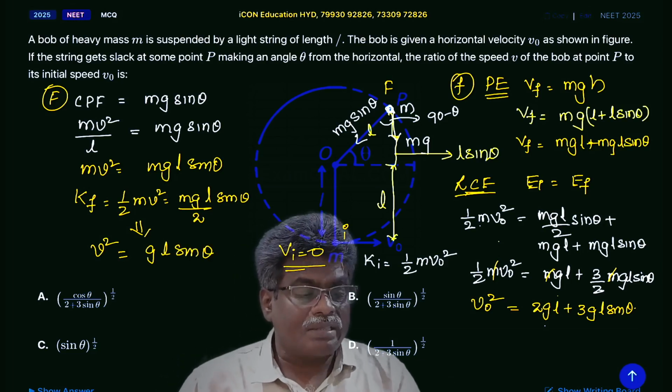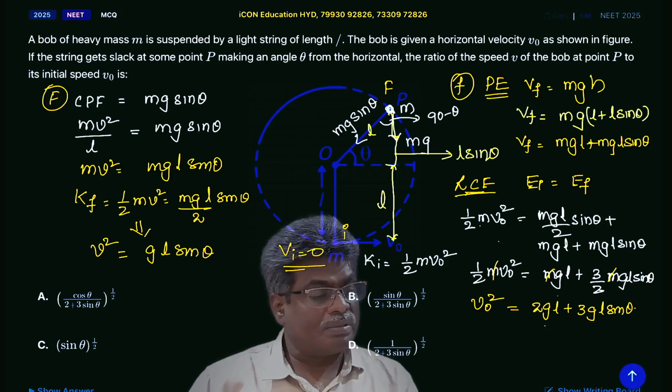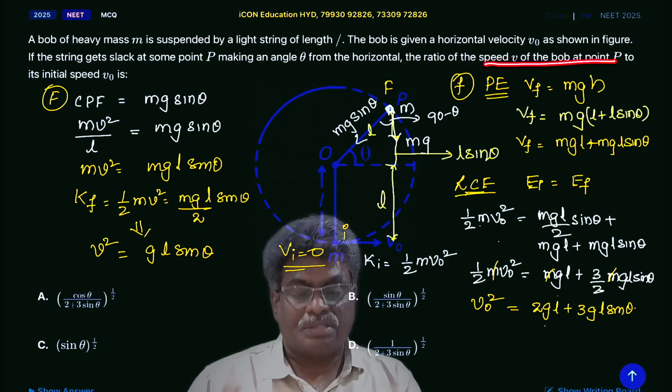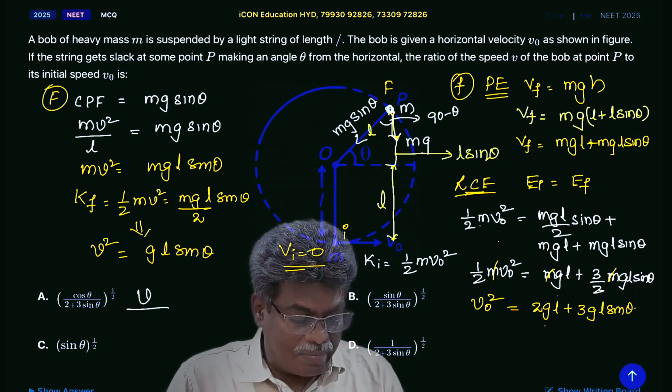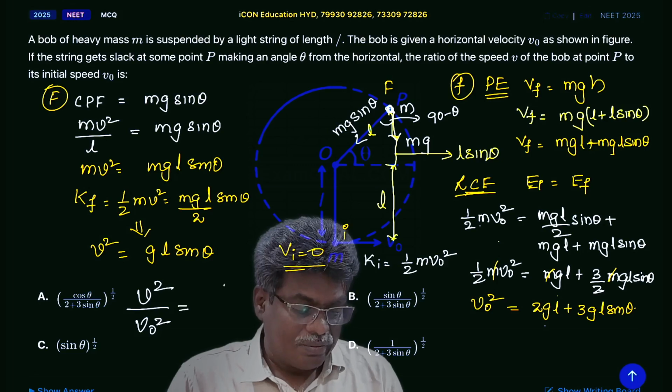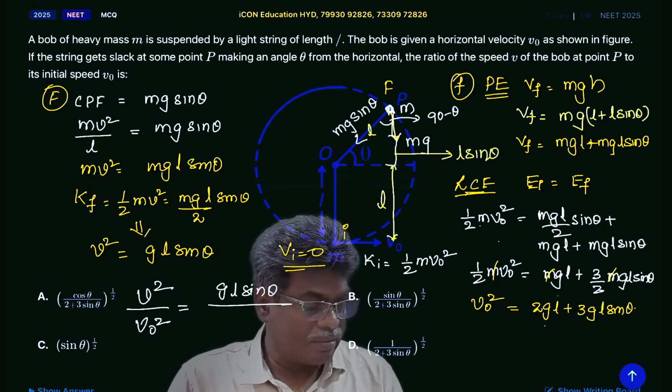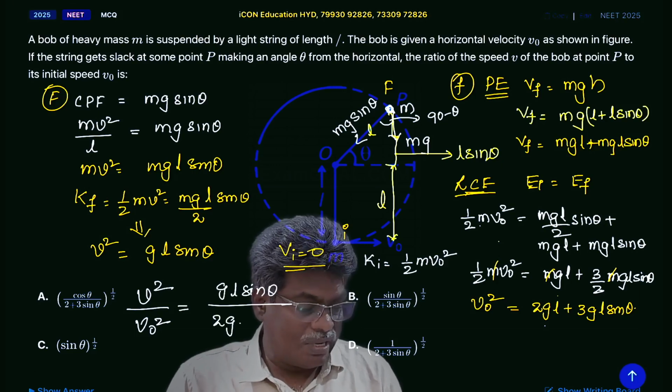And what they are asking is the ratio, that is the ratio of final velocity to the initial velocity. So I can find v square by v naught square, which is gL sin theta by 2gL plus 3gL sin theta.